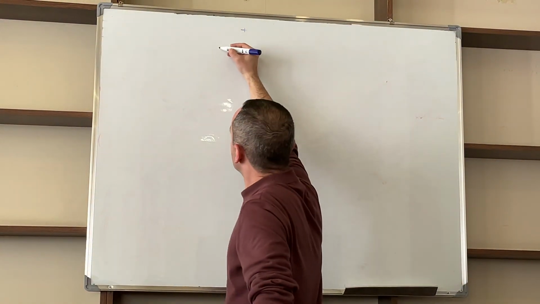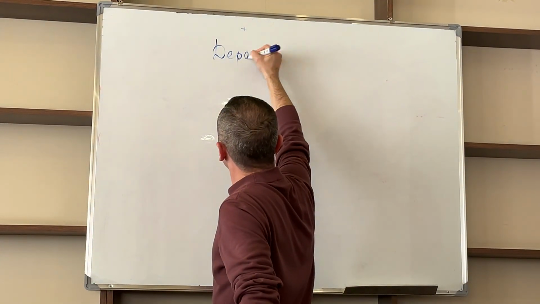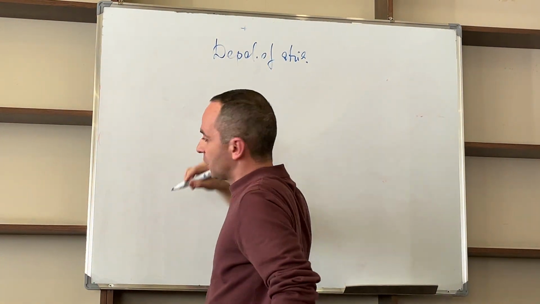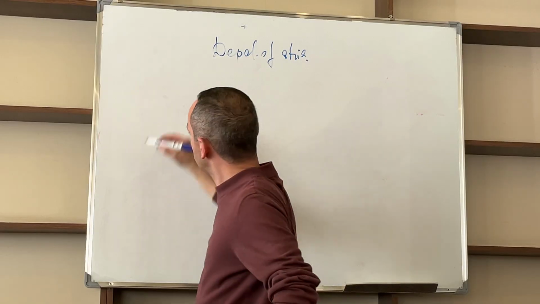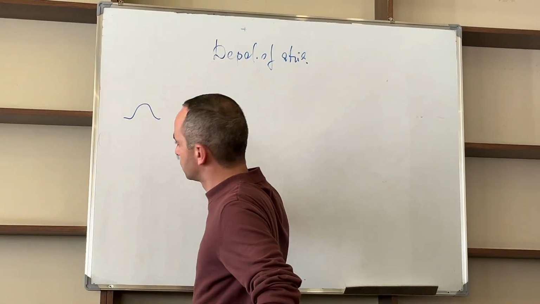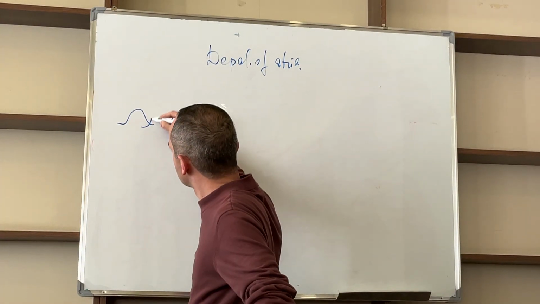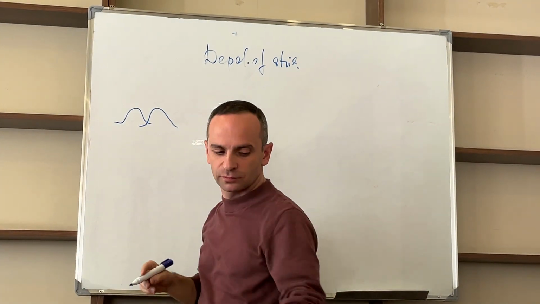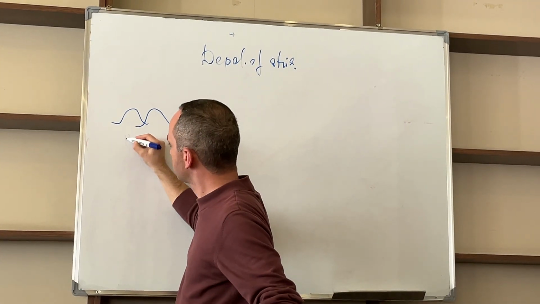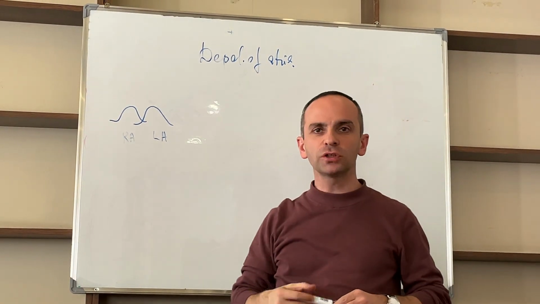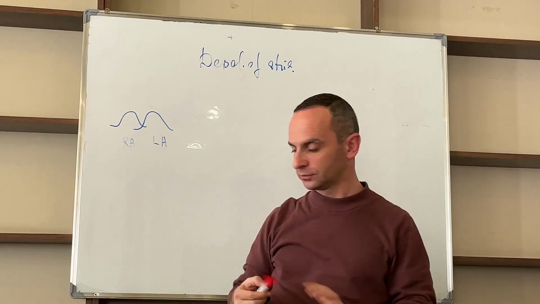So, the depolarization of the atrium, P wave formation. At first we have the depolarization of the right atrium, then 0.02 seconds later, the left atrium. This is the right atrial component, this is the left atrial component. But in total we normally have one P wave.